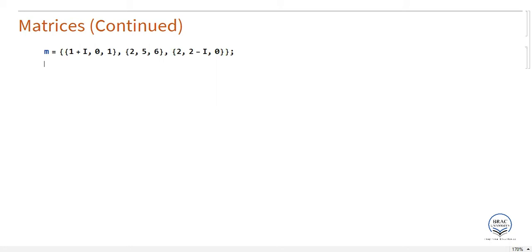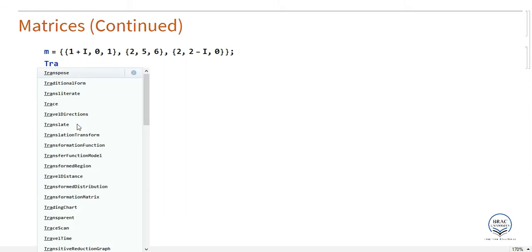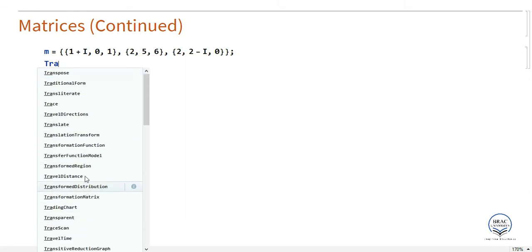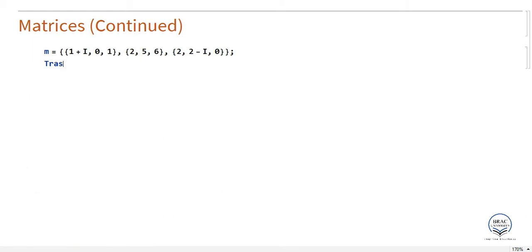To do that you just have to type transpose, and if you click on here you can see more options. There's a lot of options. We are looking for transpose conjugate, right? Okay, so it's not transpose conjugate, it's conjugate transpose.